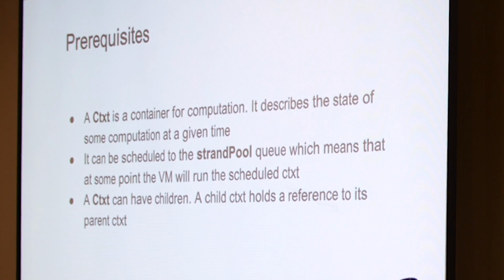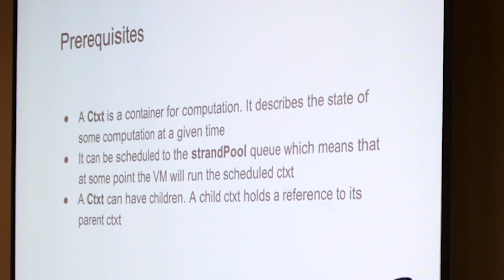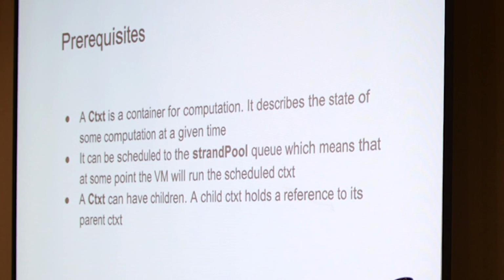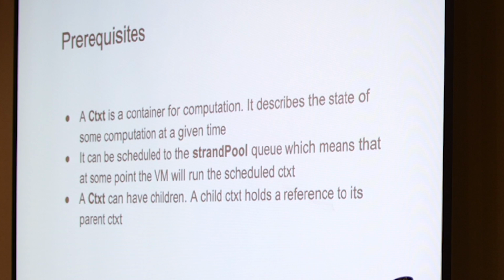A context can have children, so there's a concept of nesting of these context objects. And each child context has a reference to its parent, so that when it is done executing, it can pass the data back up the line to its parent, so its parent can then be ready to execute.